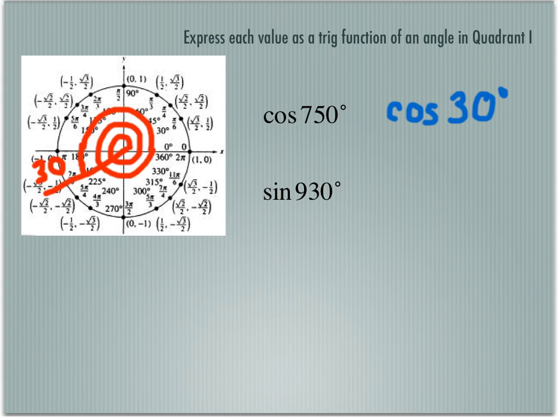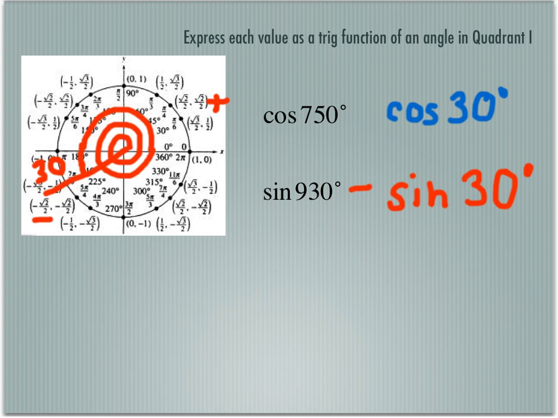But how can I write that as something in quadrant 1? Well, I'm going to write it as the sine of 30. That's in quadrant 1, and I know the sine of 30 in quadrant 1 is positive. Down here, though, it's negative. So how can I make them equivalent? Simply put a negative sign, or an opposite sign, in front of sine there.